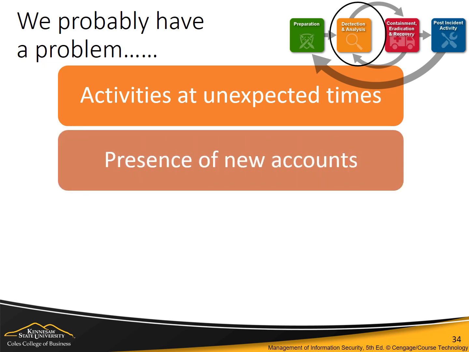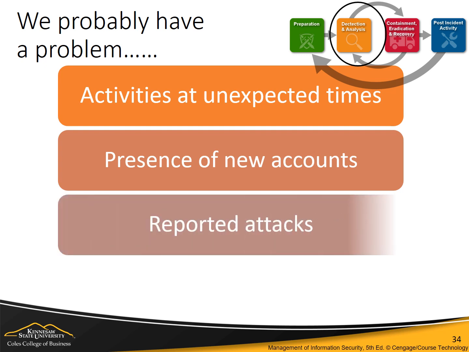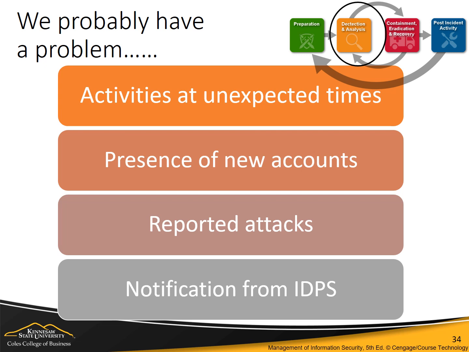New vendors pop up unexpectedly and in larger numbers than expected. Reported attacks. CERT or other groups report new attacks or is reported online. Notification from your own intrusion detection and prevention systems. Your own system controls notify you that an intrusion was attempted and maybe was successful. If any of these activities occur, you need to have plans in place to investigate and respond quickly.